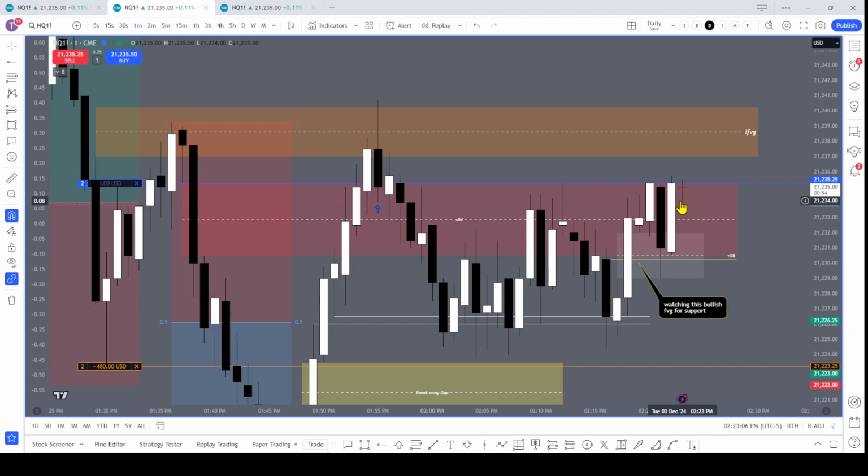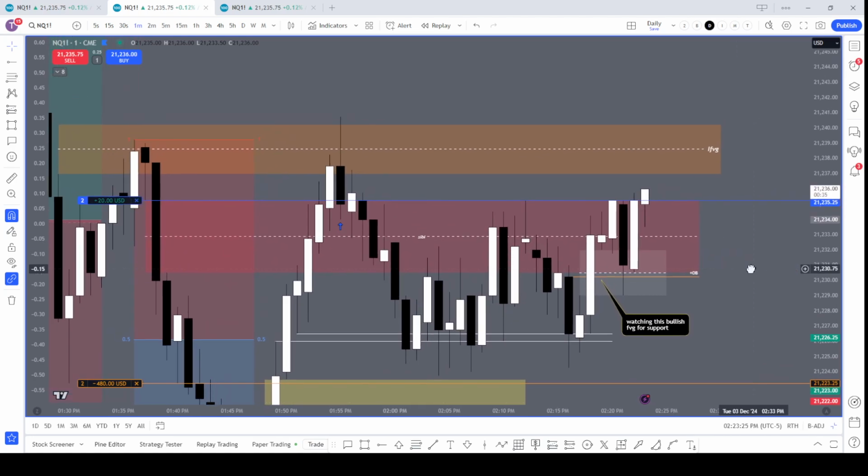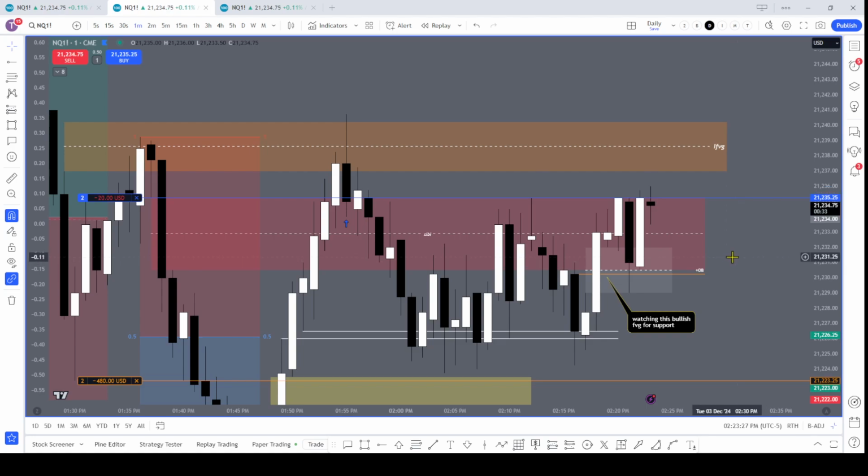Open. See if we stay above in this upper half of this gap, which is like the midpoint of this down close candle. Want to see it push higher from here.